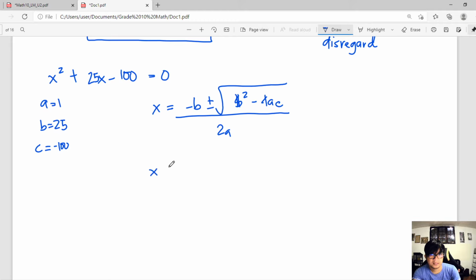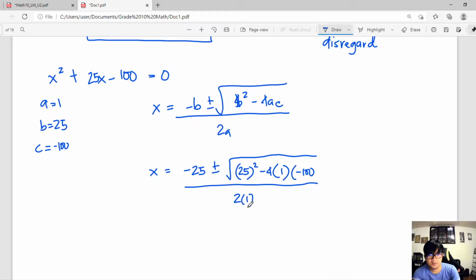So we have x is equal to negative 25 plus minus square root of 25 squared minus 4 times 1 times negative 100 all over 2 times 1. 25 squared is 625. Then negative 4 times 100 is 400, all over 2.